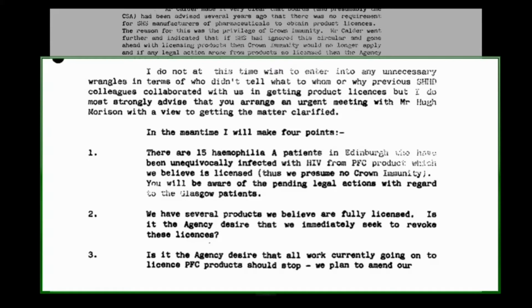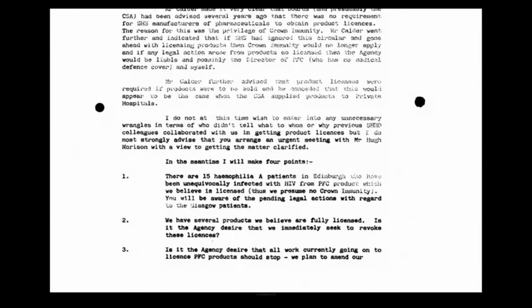Is it the agency desire that we immediately seek to revoke these licences? 3, is it the agency desire that all work currently going on to licensed PFC products should stop? We plan to amend our Factor 8 licence for Z8 early in April.